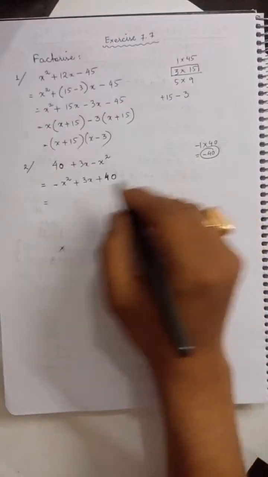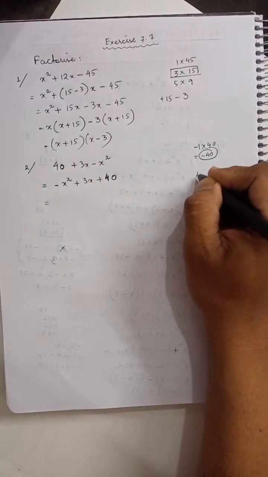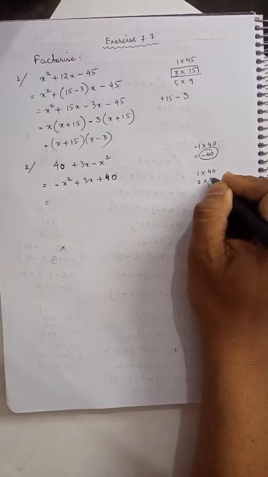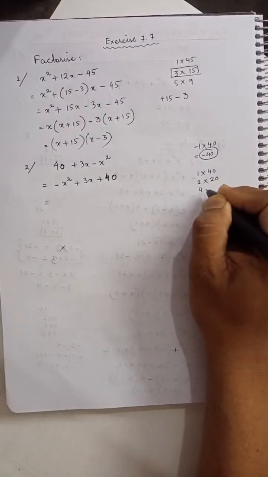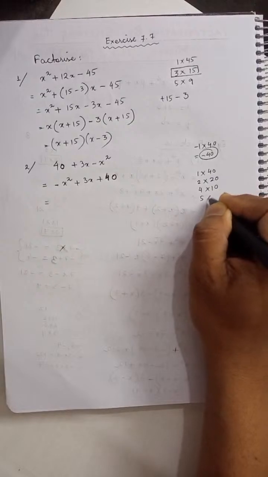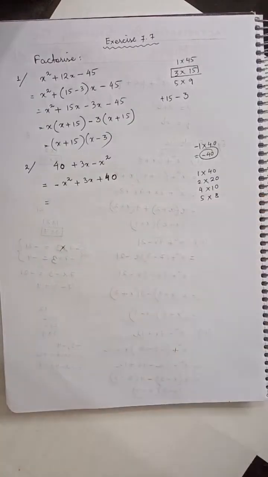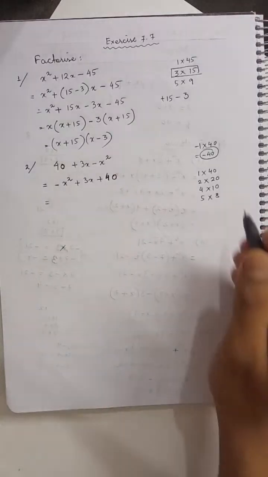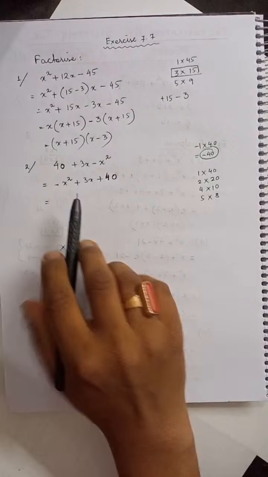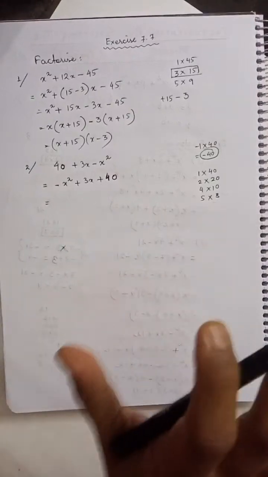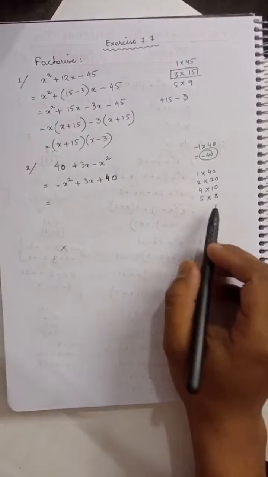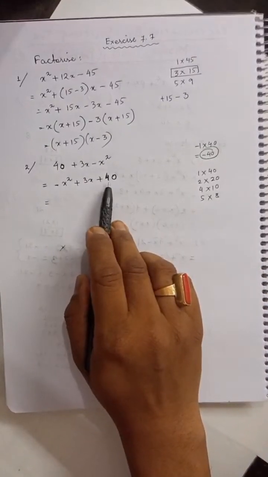Okay, so 40 can be obtained by 1 into 40, 2 into 20, 4 into 10, and 5 into 8. Okay. So like I said, we have to take the combination in such a way that the sum has to be plus 3 and the product is minus 40.